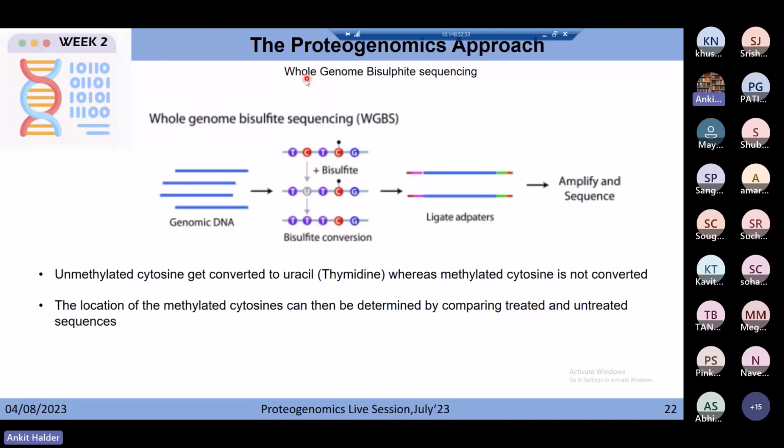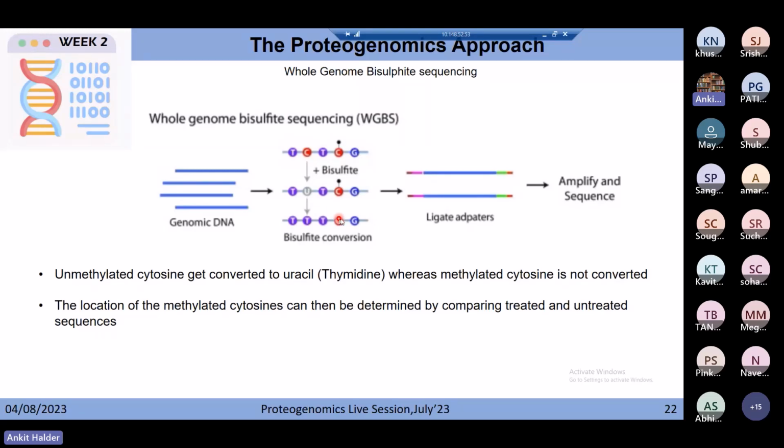This conversion can only happen when the cytosine is not methylated. If it is methylated, then bisulfite cannot act and it remains as cytosine in the sequence. When we go for amplification and sequencing, it will remain as cytosine only.